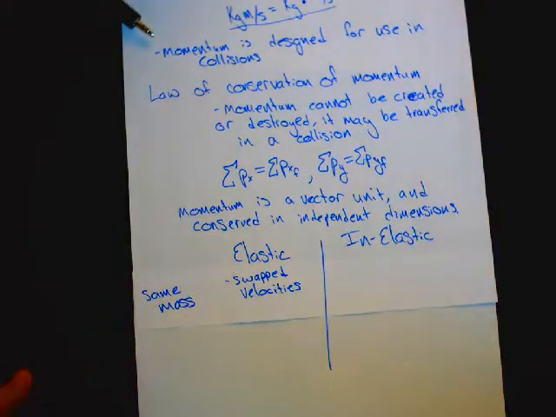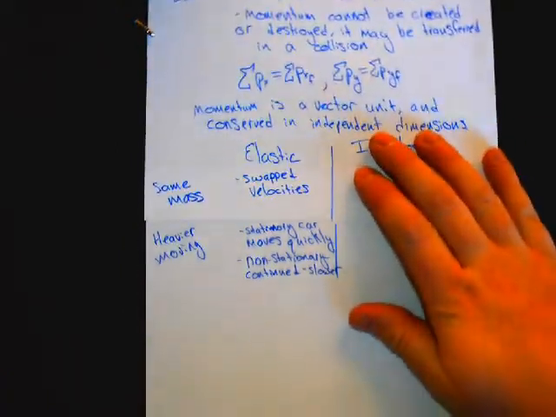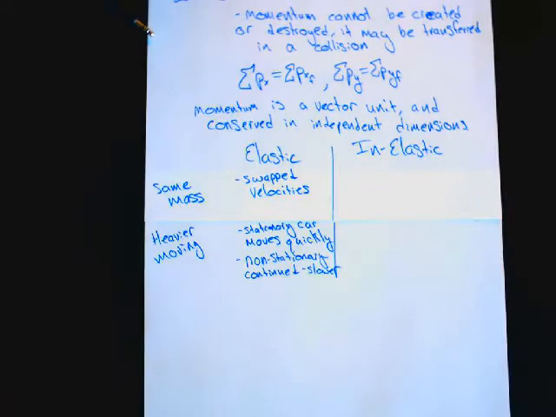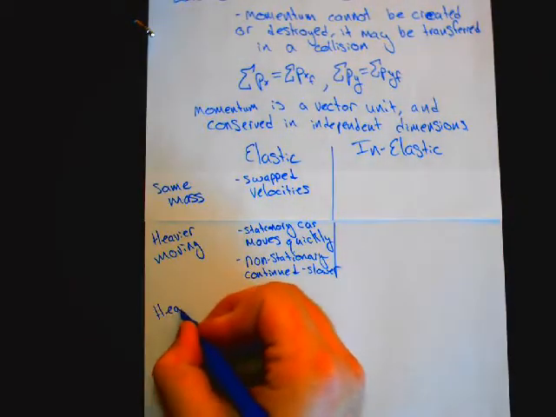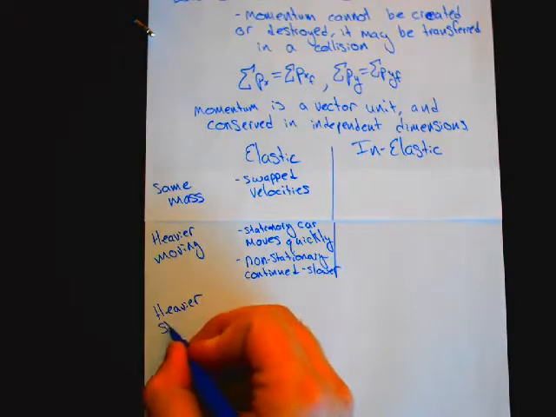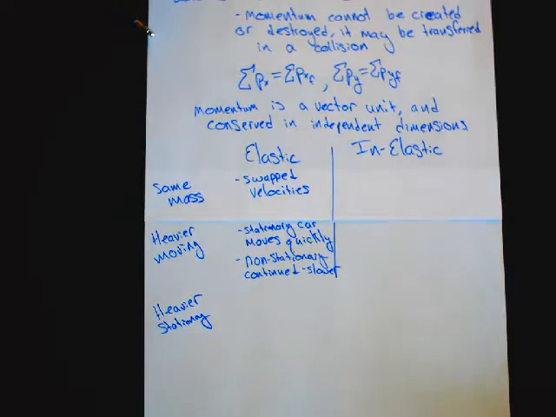Anything else we wanted to point out? All right, third setup we're going to put up here. Now the heavier one will be stationary. And predictions. What do we think is going to happen?